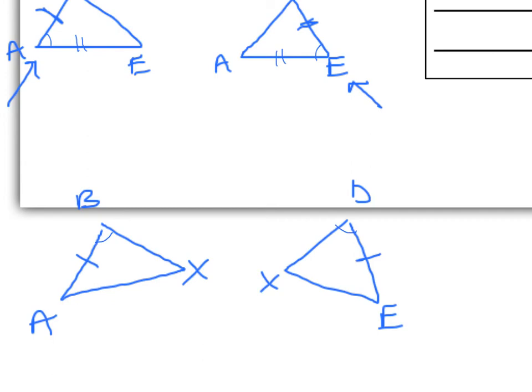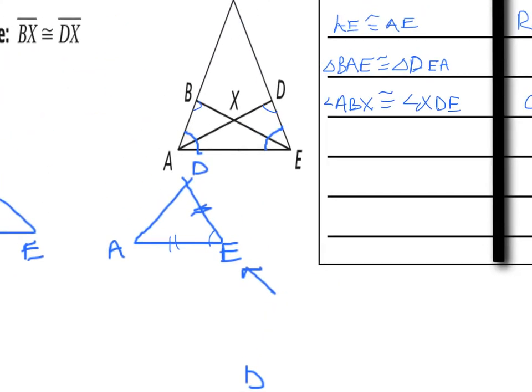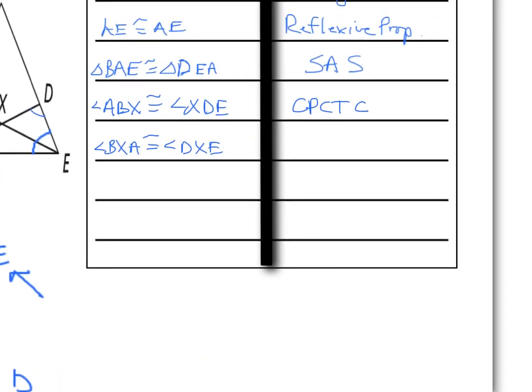And now I also remember I have vertical angles as well, because if you look again at this main picture, these two angles right here are vertical angles. So I can say now that angle BXA is congruent to angle DXE, and my reason is vertical angles are congruent.